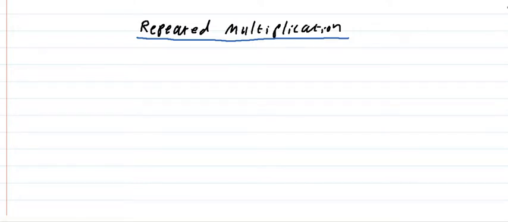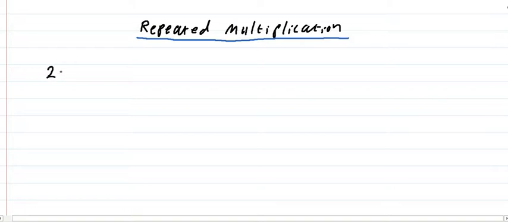During the 1400s and 1500s, there were various notations invented to show repeated multiplication. The one that we have inherited today is commonly known as exponential notation, and it works like this.